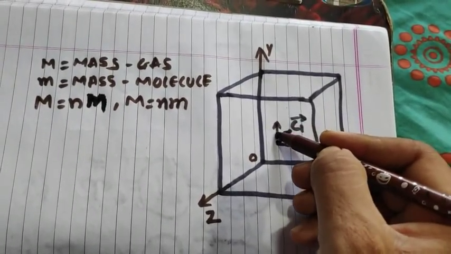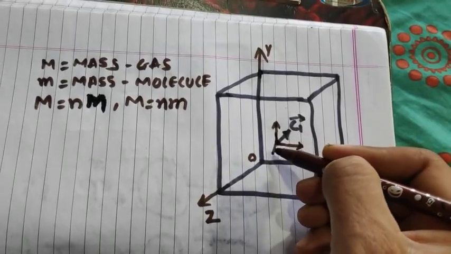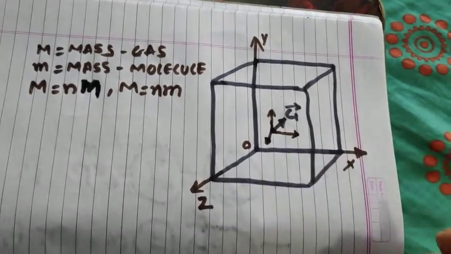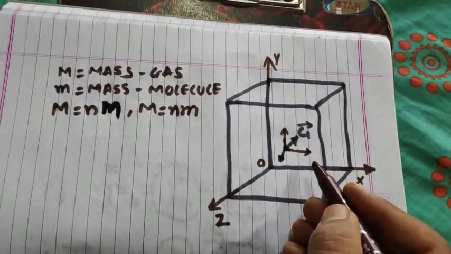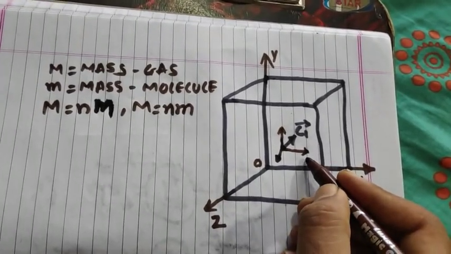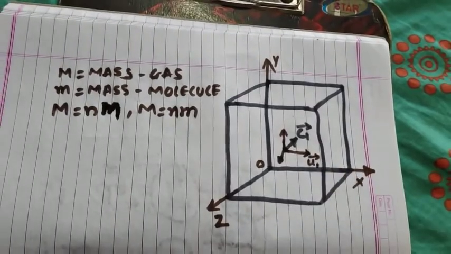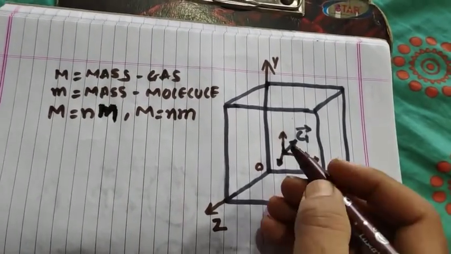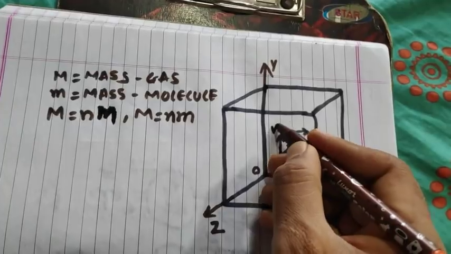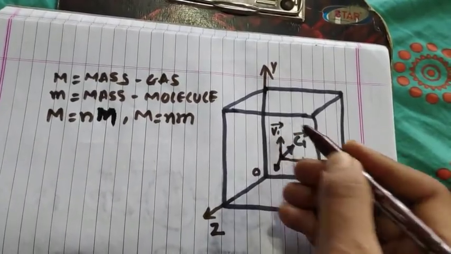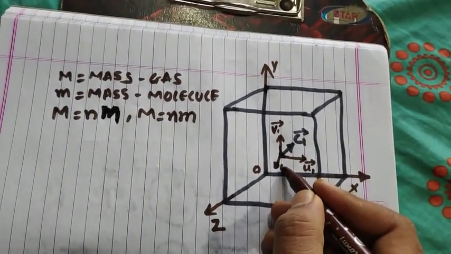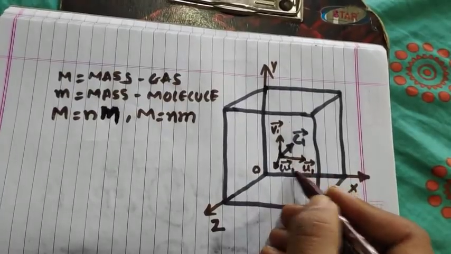Maximum we can have 3 components as far as our syllabus is concerned. So we'll have 3 components, one along x-axis, let it be vector u1, and this will be vector v1, and z component will be vector omega 1.